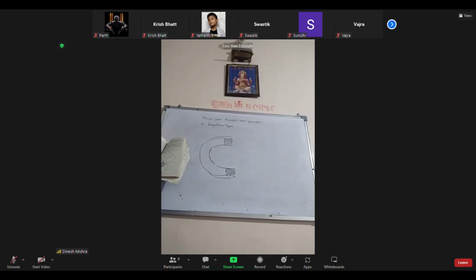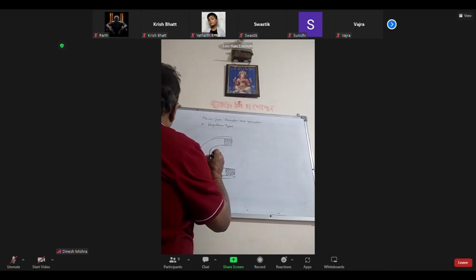On this spindle, we are putting the two soft iron pieces. एक spindle बना देते हैं. Central spindle is there.